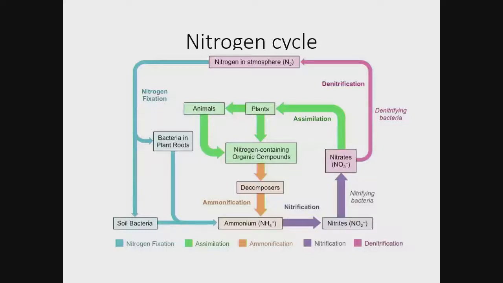These nitrates can be used by the plant as a fertilizer for growth, or by any grass, plant or tree in the soil. Some of the nitrate can be converted back to the atmosphere, meaning some of the nitrate will be converted into nitrogen by bacteria in the soil called denitrifying bacteria.